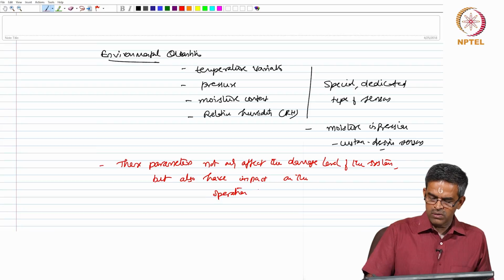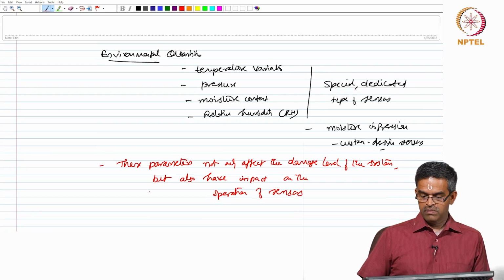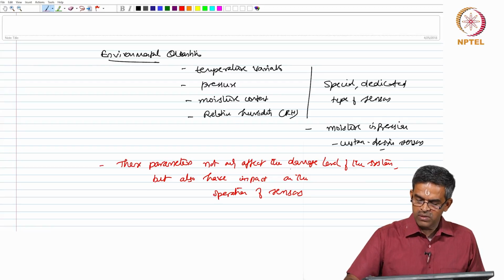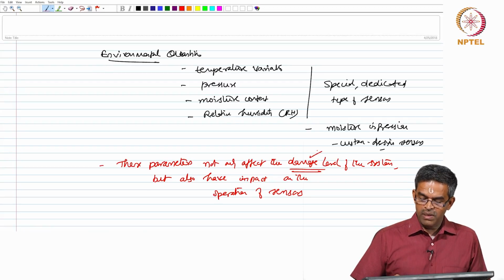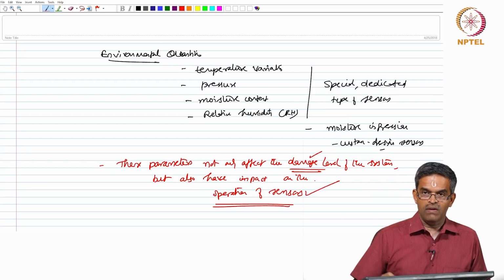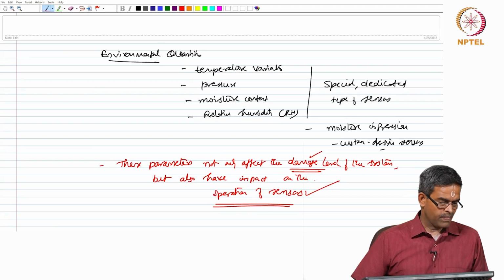That is a more important thing. Forget about the structural part. They will have damage influence on the structure, that is fine, but they can also impair the functionality of the sensor itself. So, I have to be very careful in selecting the sensor type.